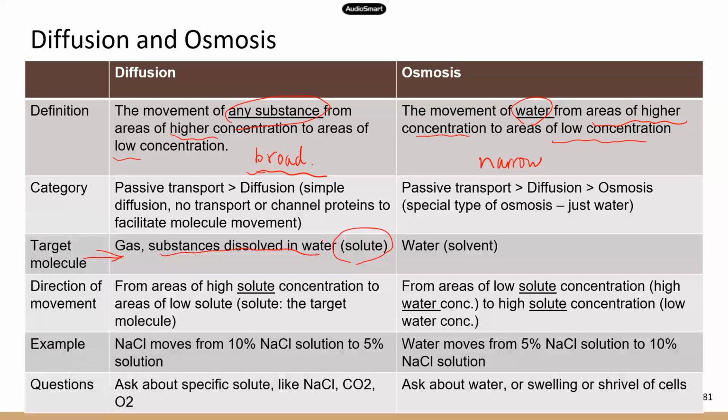Also, gas can diffuse as well. We have gases in our body. The most common ones are oxygen and carbon dioxide. They are critical for our survival. So I'm going to have a slide to talk about gas exchange related to diffusion.